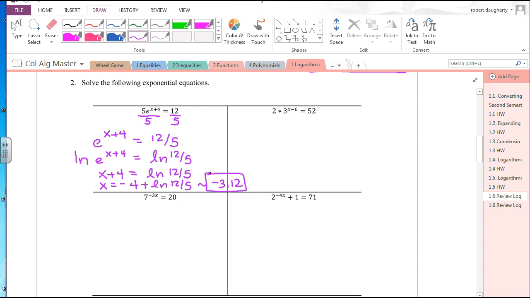If you do all of the work and just leave your answer, this is the exact answer, and that's the approximate answer. So you can do that either way.